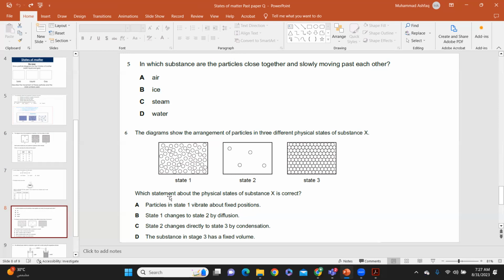State 1 changes to state 2 by diffusion, moving particles from higher to lower concentration. State 2 changes directly to state 3 by condensation. A substance in state 3 has a fixed volume. Obviously. You need to know all these things.